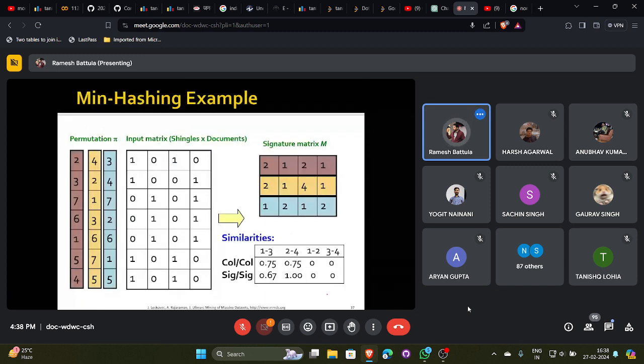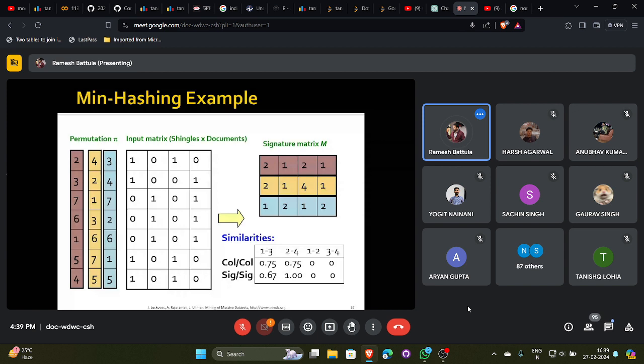Again, we will come to understand this particular example. We need to find the similarities over here. Suppose you have a random permutation over here, and you calculate the signatures like this. Now observe: 1 3 2 4 1 2 3 4.